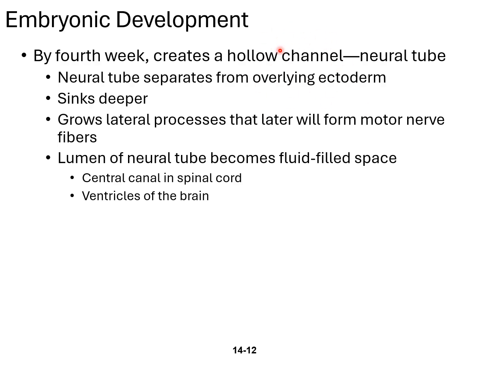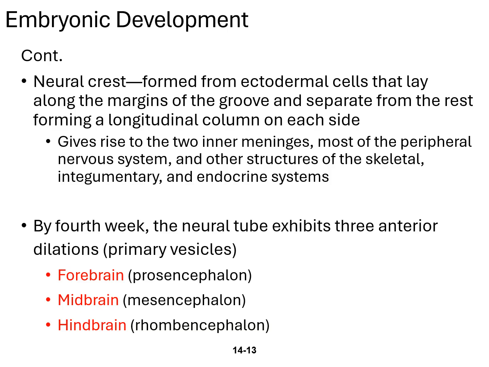If that hollow tube doesn't become a hollow tube, then the next step of neuronal growth will start to grow outside that tube, and that's spina bifida. So the neural tube separates from the overlying ectoderm. It's going to go deeper underneath into more tissues, and then you're going to have nerve fibers start to grow. The neural crest is formed from the ectodermal cells on the margin.